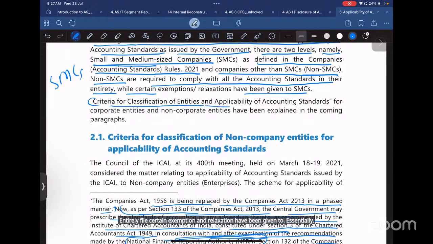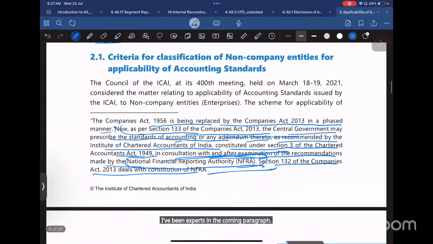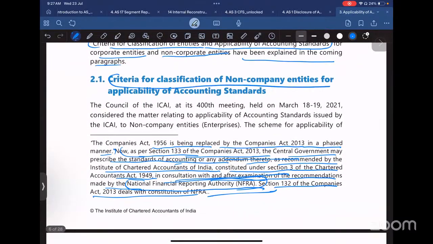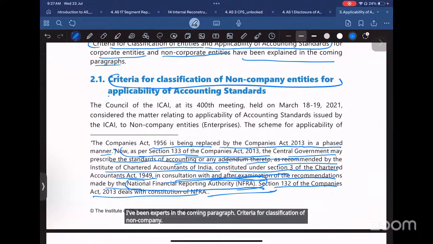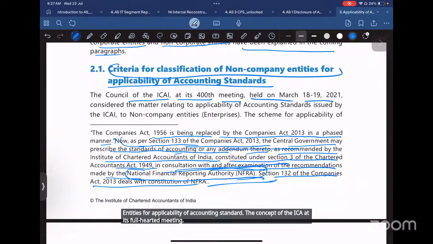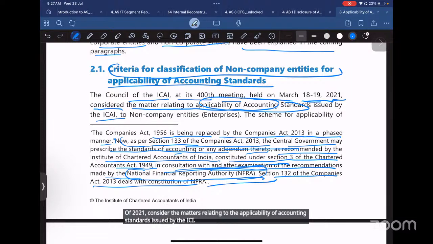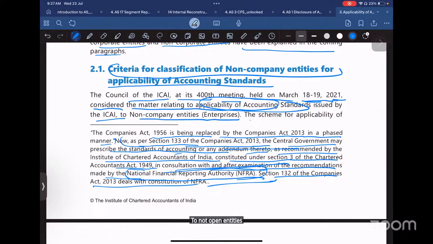Criteria for classification of entities and applicability of accounting standards for corporate entities and non-corporate entities have been explained in the coming paragraphs. Criteria for classification of non-company entities for applicability of accounting standards: the Council of the ICAI at its 400th meeting held on 18 and 19 March 2021 considered the matter relating to the applicability of accounting standards issued by the ICAI to non-company entities.